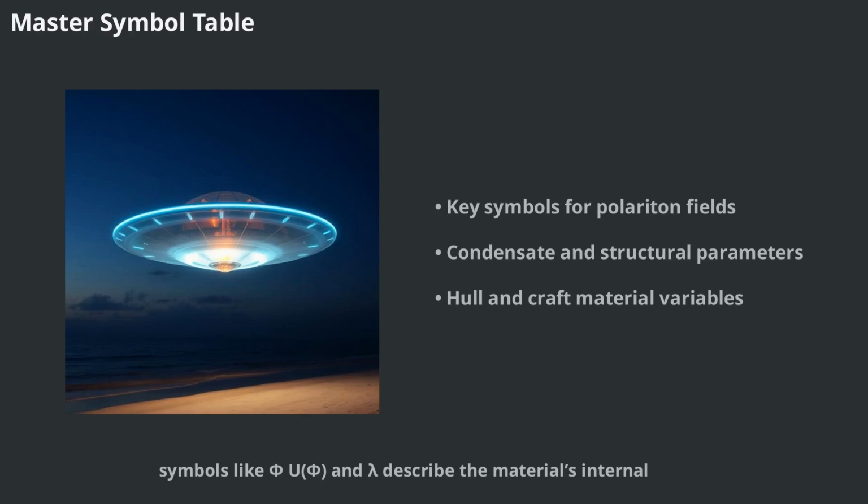For structural order, symbols like phi, u, phi, and lambda describe the material's internal configuration and its coupling to light. Polariton parameters, such as effective mass density rho and polariton momentum density p_pol, round out the system, ensuring a comprehensive language for describing polaritonic matter.